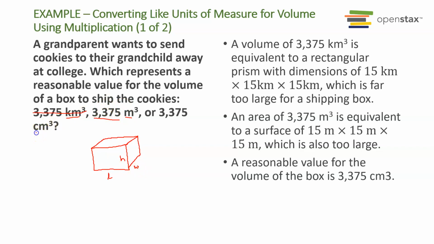Centimeters are on the same scale as inches, so that makes more sense. So that's going to be 3,375 cubic centimeters for a box. Volume in kilometers is far too large, and for meters, again, way too large. So centimeters is our Goldilocks amount here.